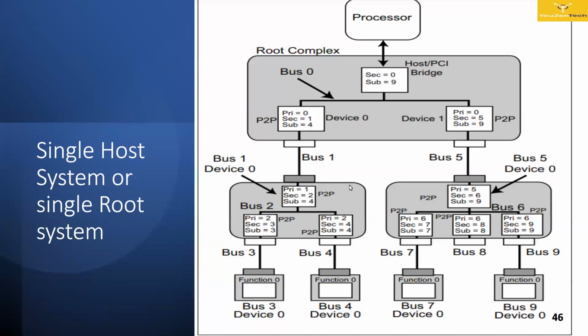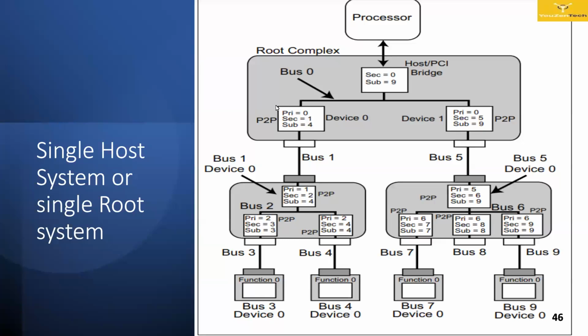I just want to let you know what the primary bus, secondary bus, and subordinate bus are here. For reference, the primary bus is the number on which this bridge lives, just above it. The secondary bus is the number just below this bridge. The subordinate bus is the maximum bus number below this bridge.